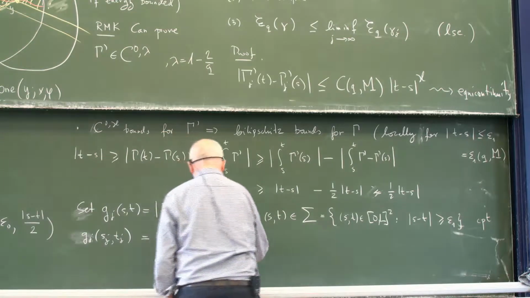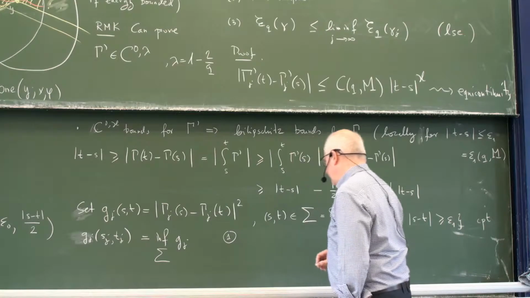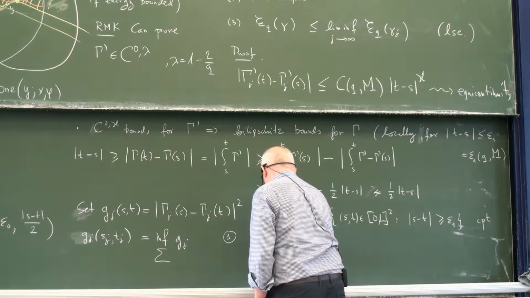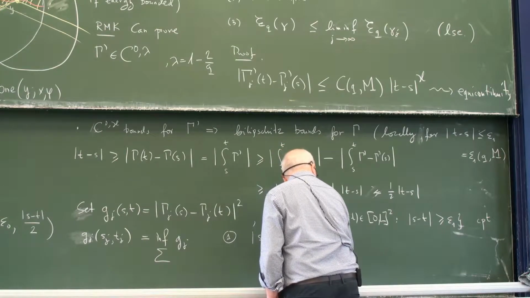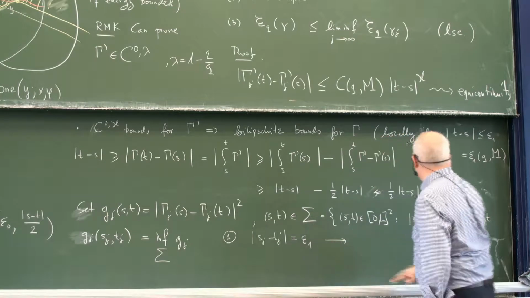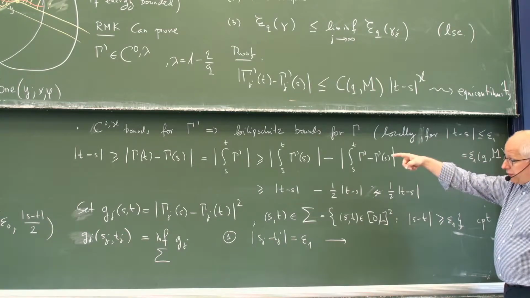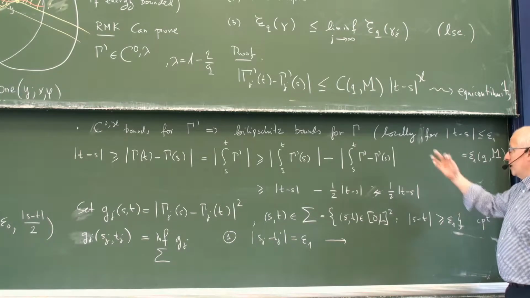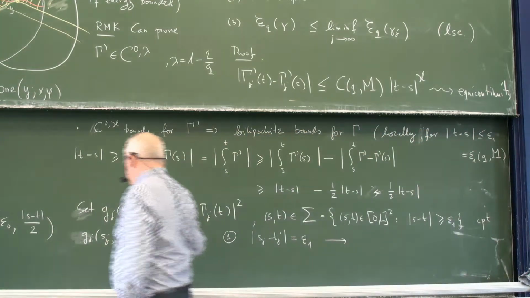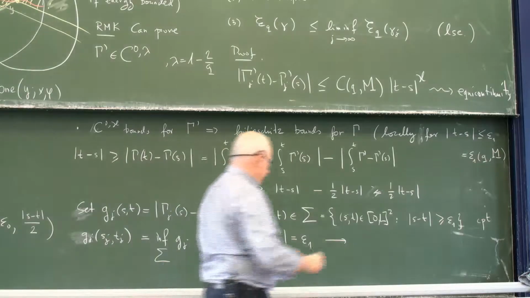Well, the first possible case is that the points are at the boundary of sigma, so that the difference is precisely epsilon 1. But if the difference is epsilon 1, I'm back to square one, and I know that C^{0,kappa} bounds for gamma prime imply an inequality of this kind, so again I'm back to this bound here. So everything is okay.